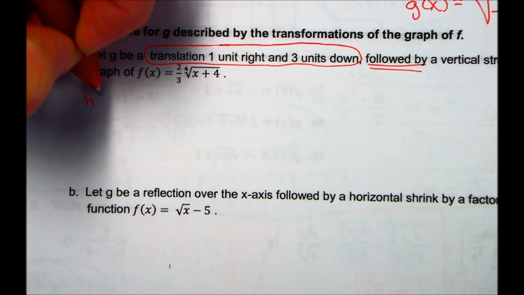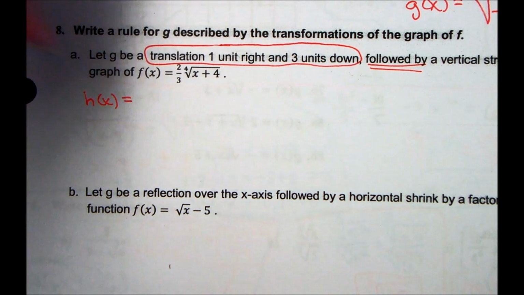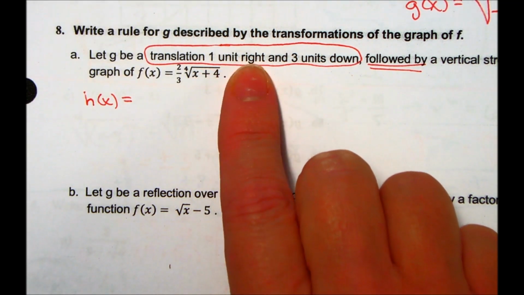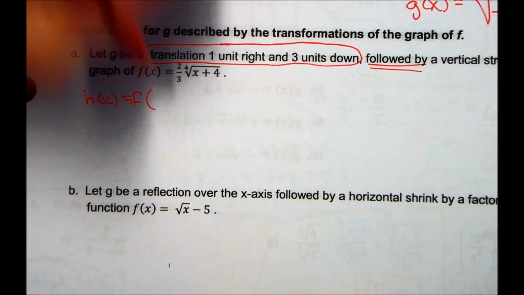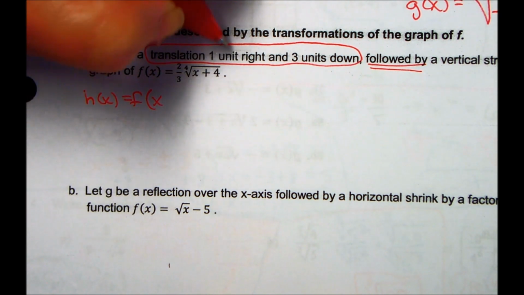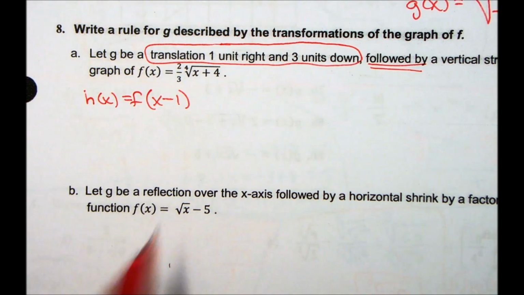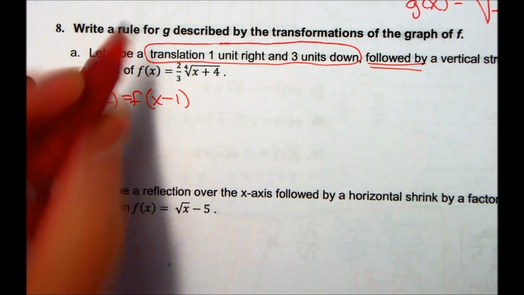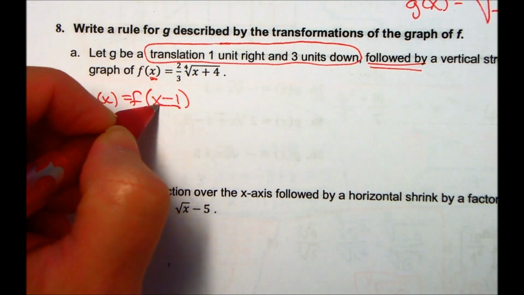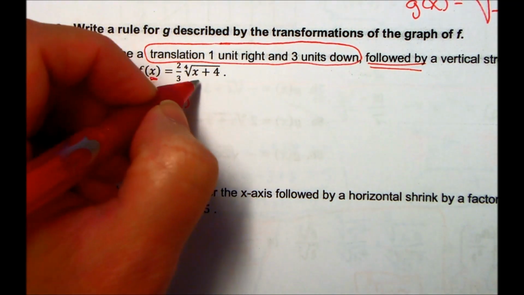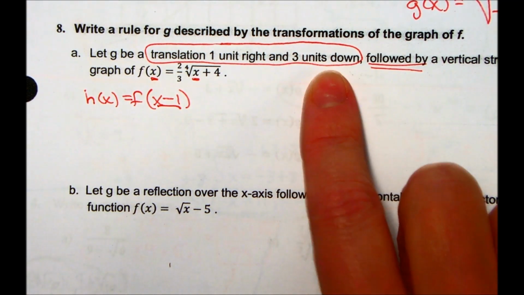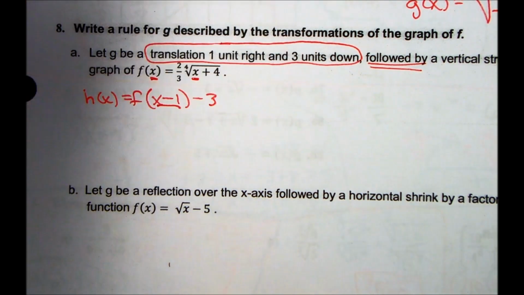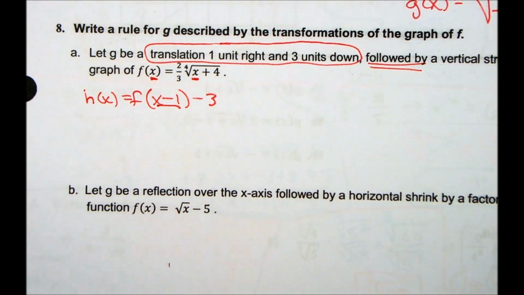So h of x is a translation 1 unit to the right of f of x. So 1 unit to the right would mean that I have to change my x's, so this x becomes x minus 1. So this x actually has to be replaced with x minus 1. And then to go down 3, we're going to subtract 3 at the end of the function.